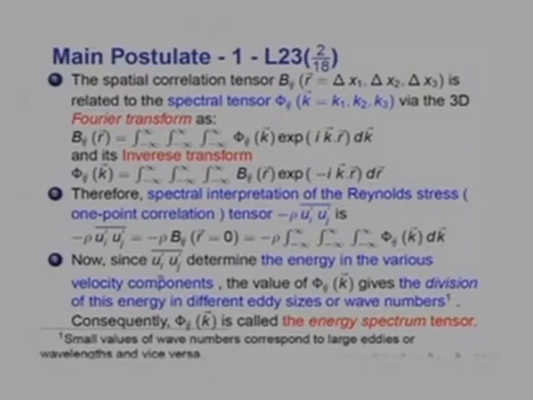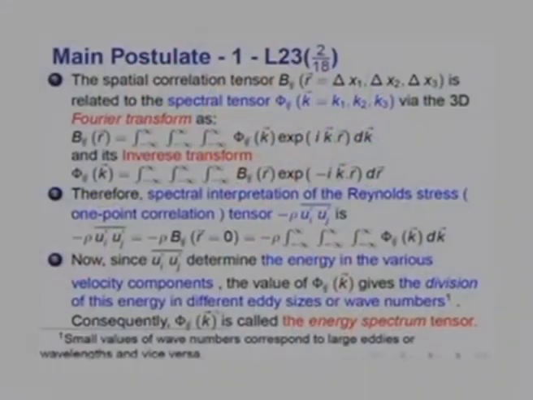Now, since u_i' u_j' time average determines the energy in the various velocity components of the fluctuations, the value of phi_ij(k) gives the division of this energy in different eddy sizes or wave numbers. The small value of wave number corresponds to a large eddy and vice versa. So, a large wave number corresponds to very small eddies and a very small wave number corresponds to large eddies.